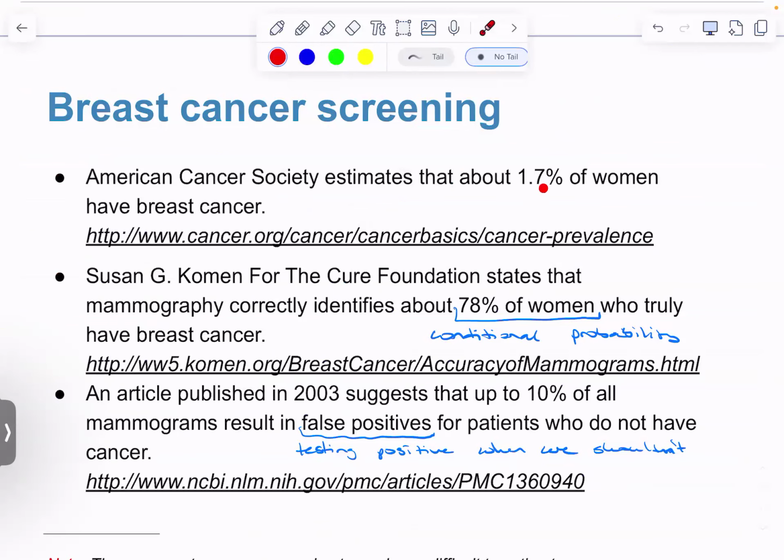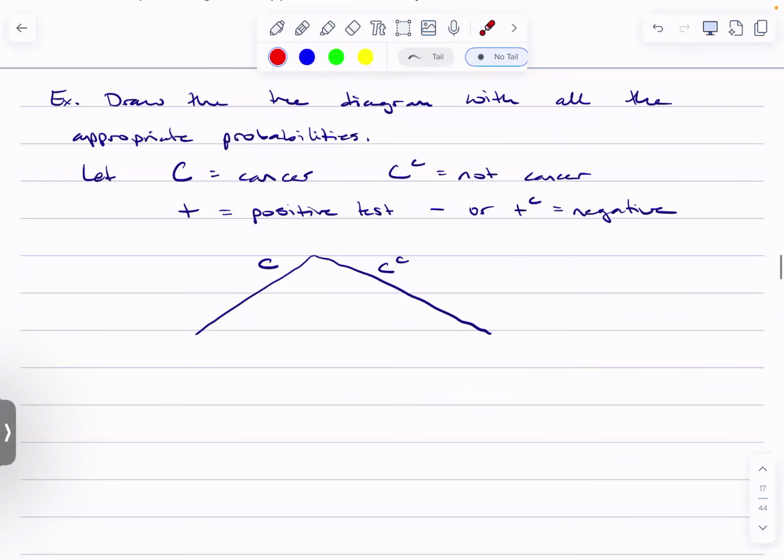So 1.7% is very, very small, right? And so that's going to be 0.017, 1.7 divided by 100. But also, I need it here. How do I find the probability of not cancer? You can probably just get there, right? 1 minus 0.017.